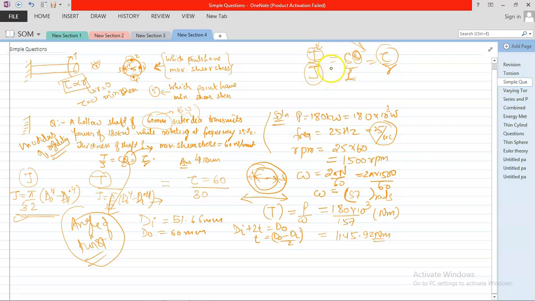So in between whatever you have given, you can obtain, and also you can obtain shear strain. Now what is shear strain? That I already told, it is R theta by L. So directly going with it, or it is tau by C. So you can go in both ways, tau by C. So these are the basic questions.